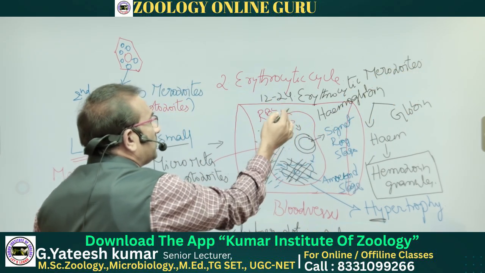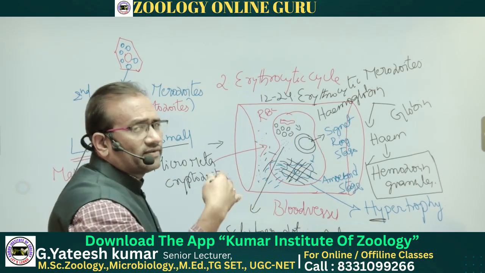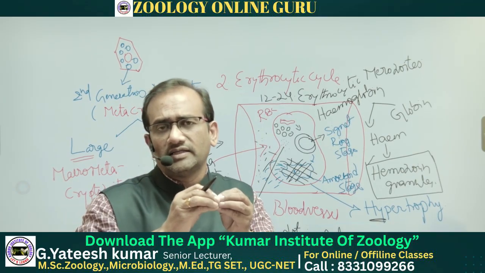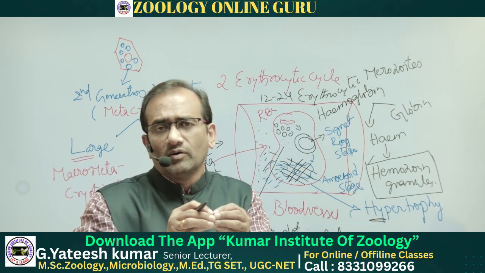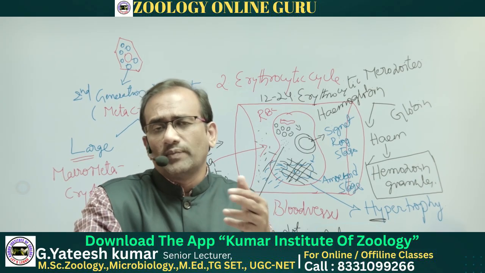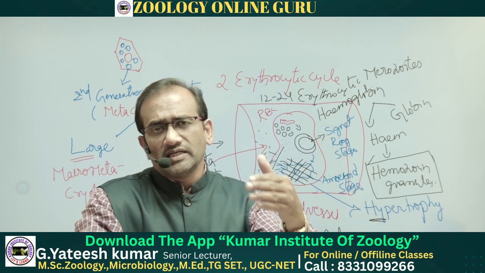These erythrocytic merozoites attack fresh RBCs once again and start the same cycle, and every 24 to 48 hours they release their hemozoin into the blood. So this cycle continues.